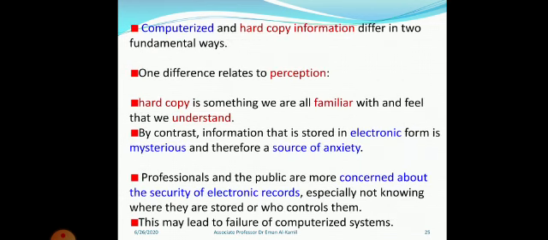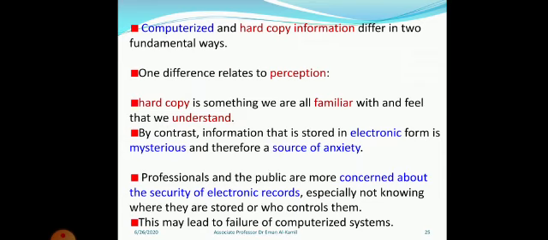So computerized and hard copy information differ in two fundamental ways. One difference relates to the perception. The hard copy is something we are all familiar with and feel that we understand.